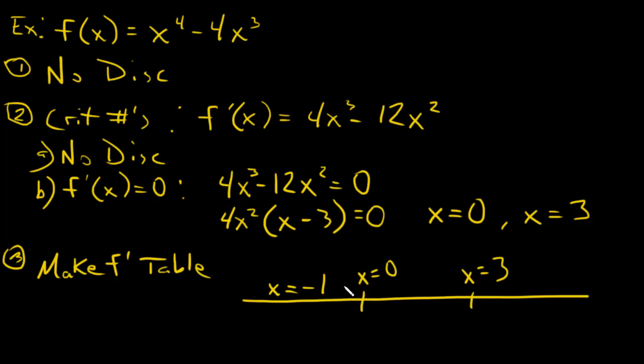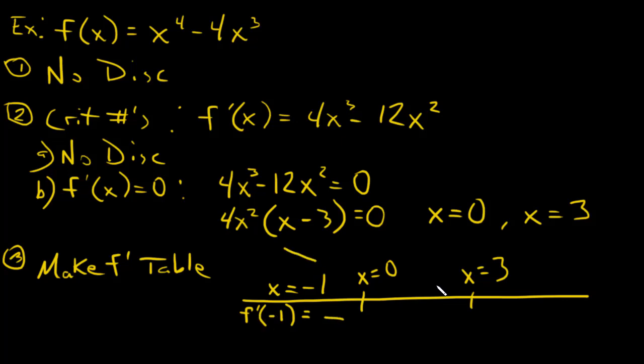So if x is equal to negative 1, I wind up with f prime of negative 1 equal to, well, let's see. Negative 1 cubed is negative 1, times 4 is negative 4, minus, I'm going to have a positive value here, so positive 1. 12 times positive 1 is positive 12, so negative 4 minus 12 is negative, so I have the slope going down.